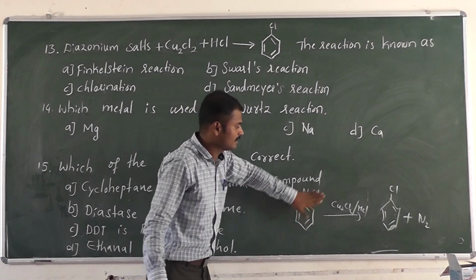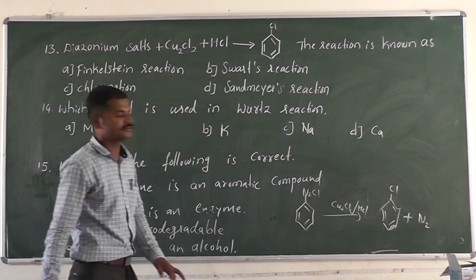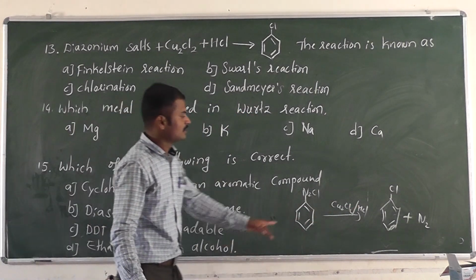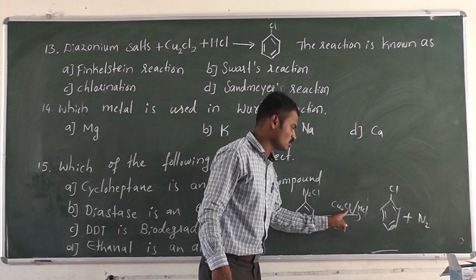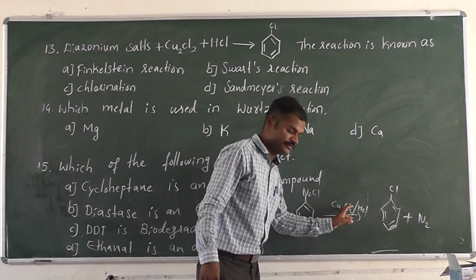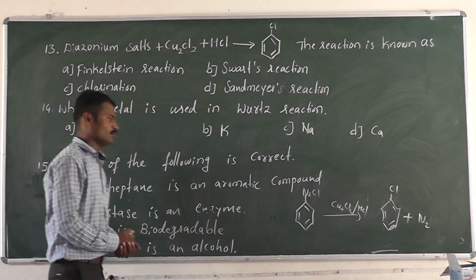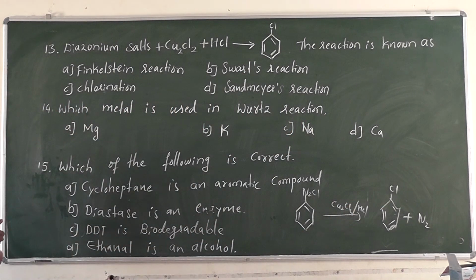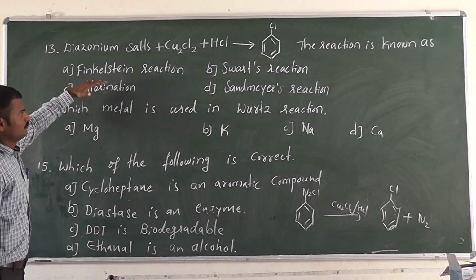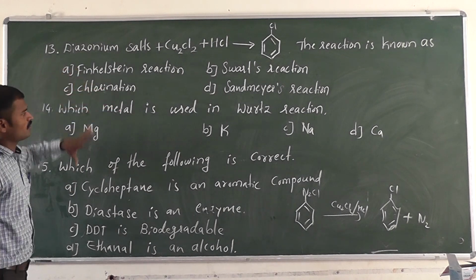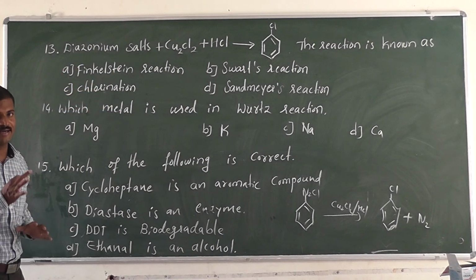If it is chlorine, we are getting chlorine; if it is bromine, we are getting bromine. So this reaction we have studied here. So out of these 4 options, which is the correct option?